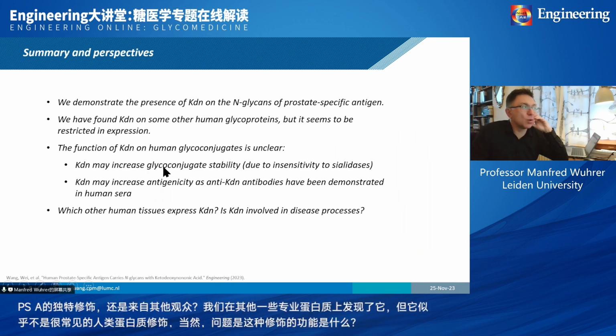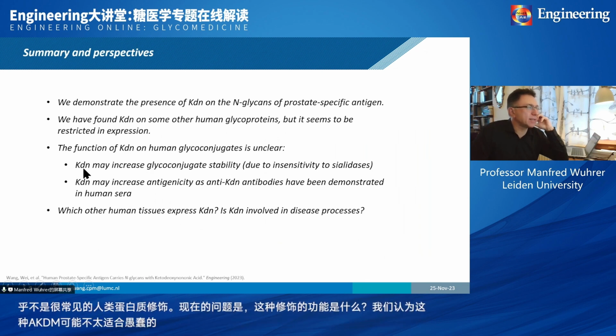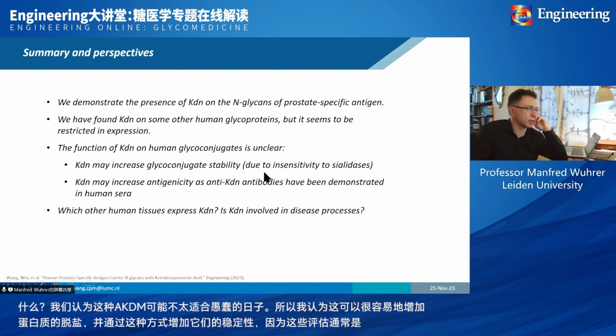What we think is that such a KDN may be less amenable to sialidases. So this could decrease the desialylation of proteins, and in that way increase their stability, because desialylation is often the first step in removal of proteins from the circulation.